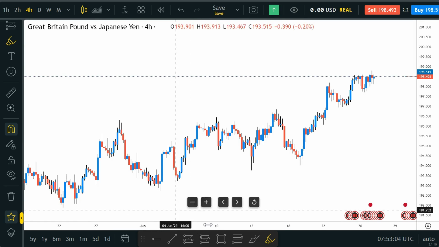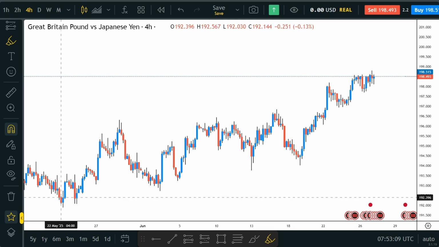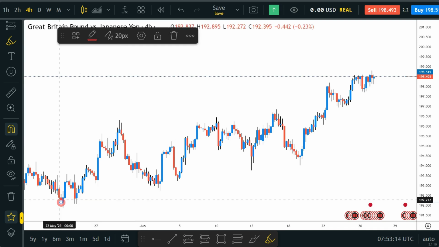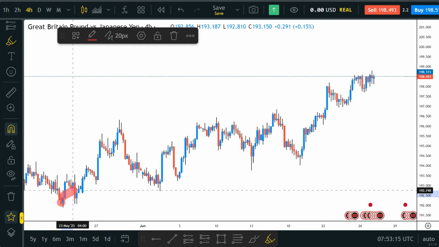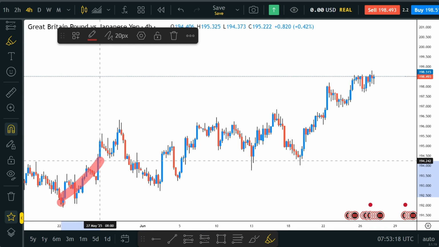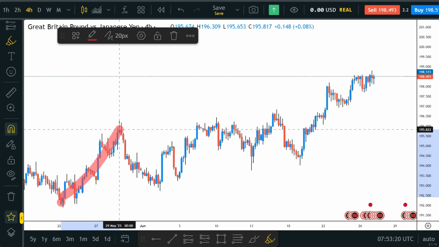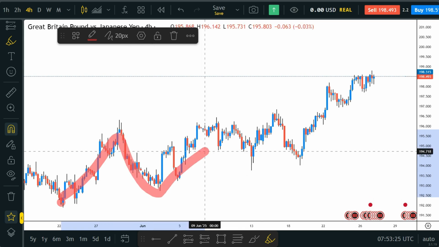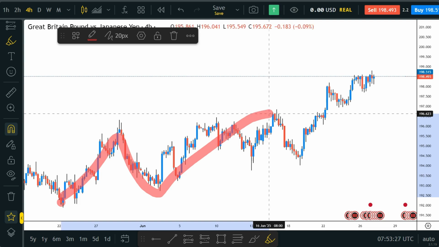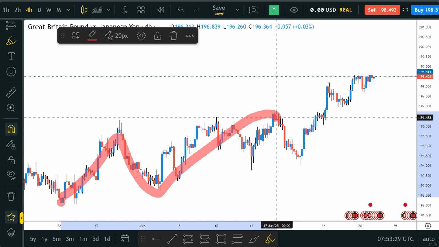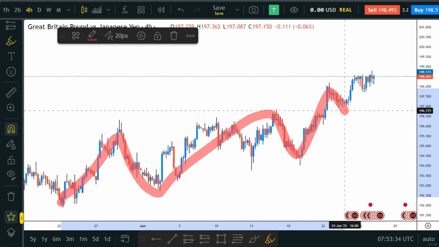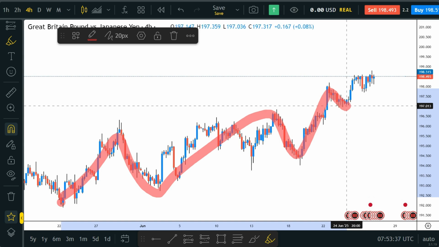Like example here, you can say this is a low, this low, this low over here came and made a high at this point here, and has made a low at that point there, and has come to make a high at that point over there, and has come to make a low at that point over there, and has made a high at that point over there, and has made a low at that point over there, and has gone to make a high.